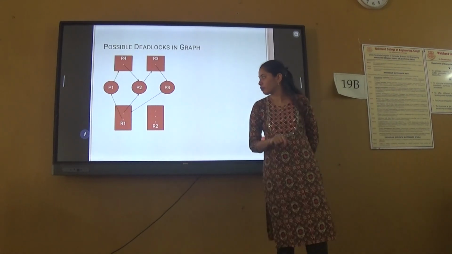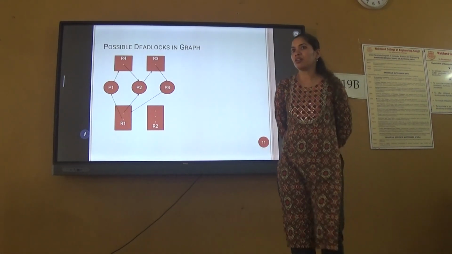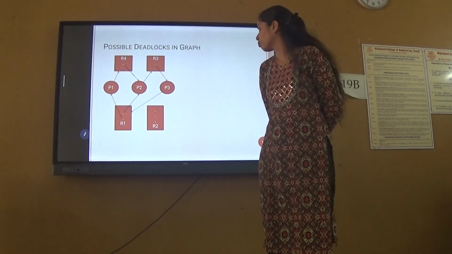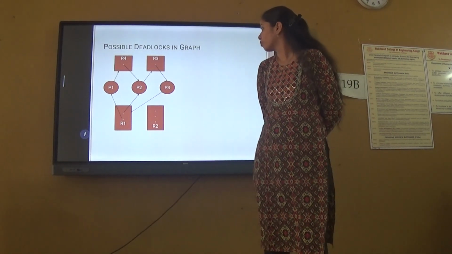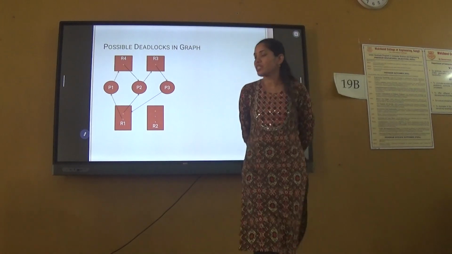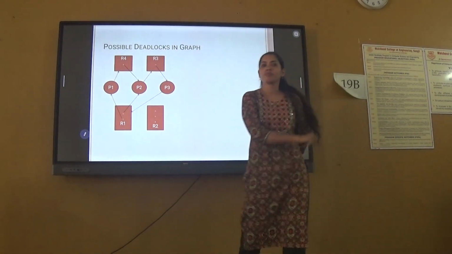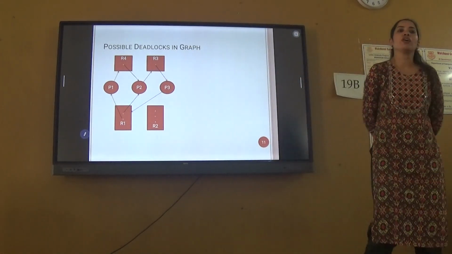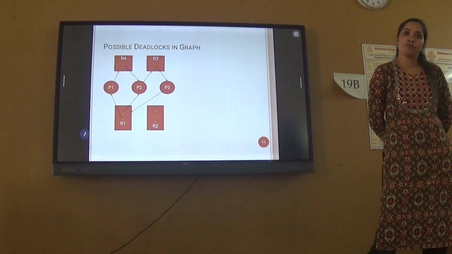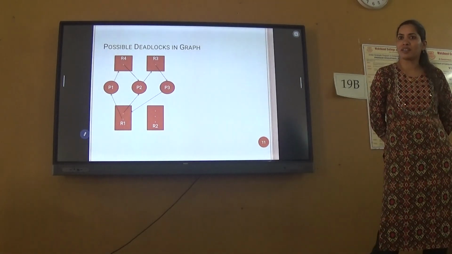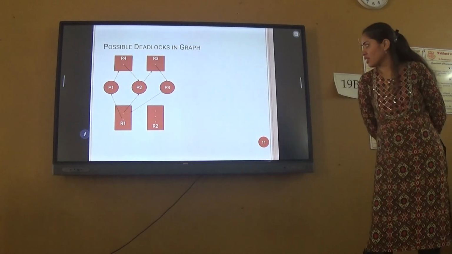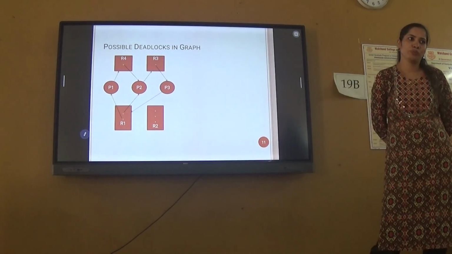Now in this case, does it have a deadlock? How? There are 2 instances of R1. Now tell me, does it have a deadlock? How many cycles are there? 2 cycles are there. How many max instances are there? 2.